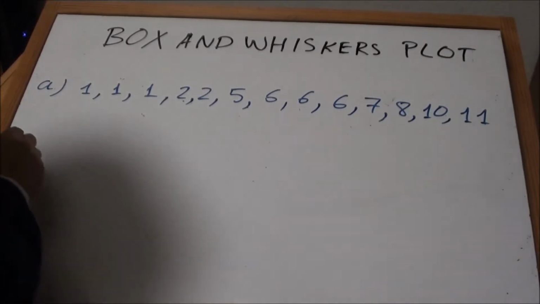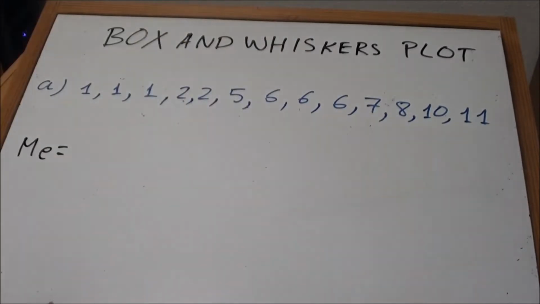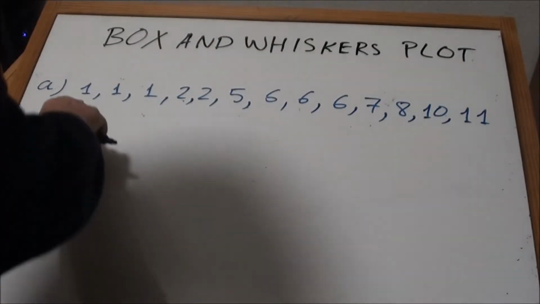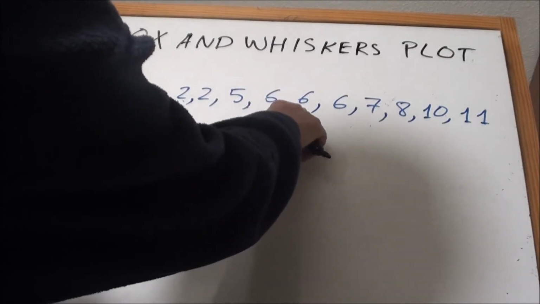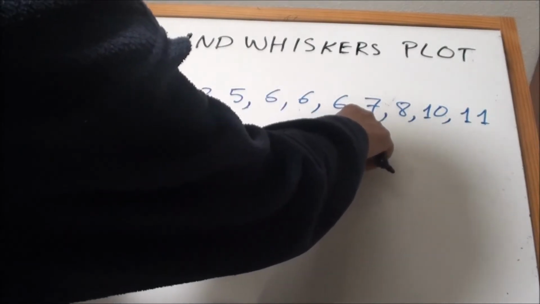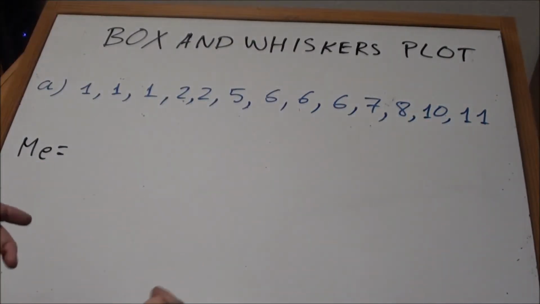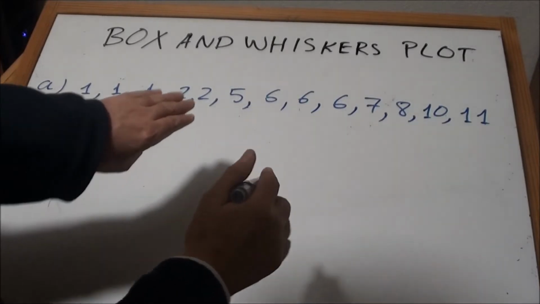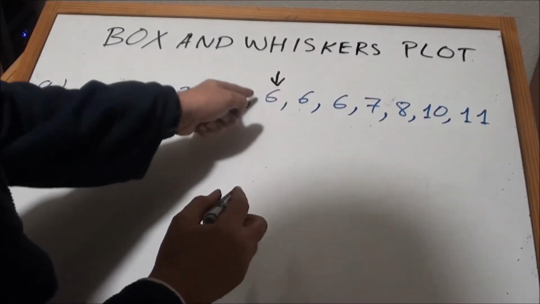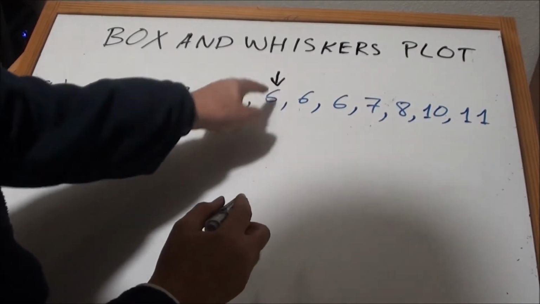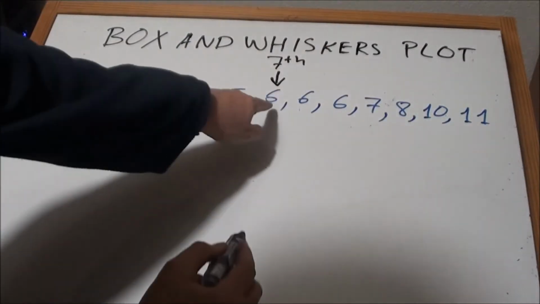The median is very easy as well. The median is the data in the middle. So we count the data. We have 1, 2, 3, 4, 5, 6, 7, 8, 9, 10, 11, 12 and 13 data. So if we have 13, the one in the middle is the data in position 7, in the 7th place, and that is the median.